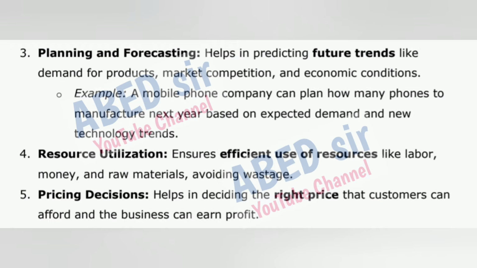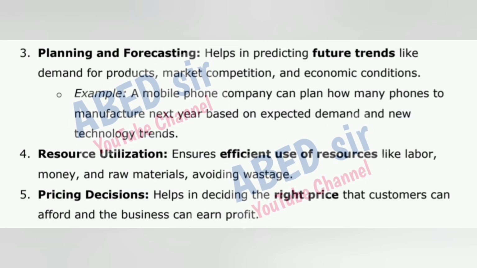Example, a mobile phone company can plan how many phones to manufacture next year based on expected demand and new technology trends. 4. Resource utilization ensures efficient use of resources like labor, money, and raw materials, avoiding wastage. 5.